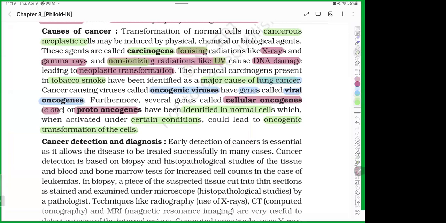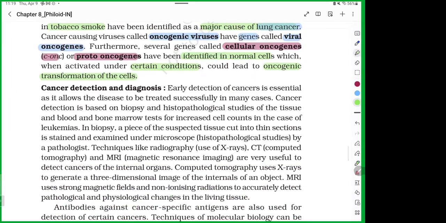Next, early detection is important if we want to treat it properly. Correct? And one of the main things we have to do for detection is biopsy. Histopathological study of the tissue or blood or bone marrow. Correct? Because if there is an increase in cell mass in the bone marrow, it can be a case of leukemia, blood cancer. Leukemia means blood cancer. What happens in biopsy?